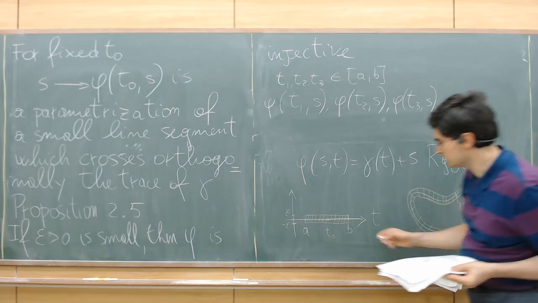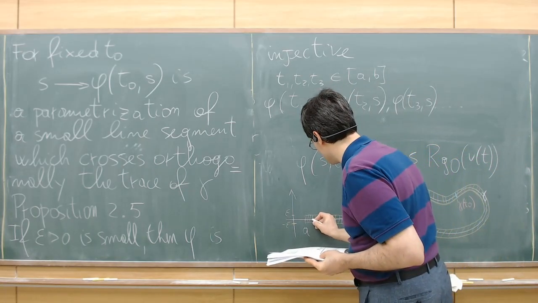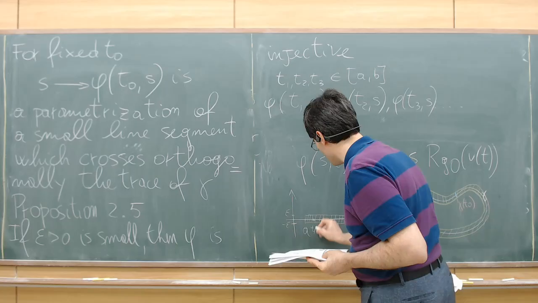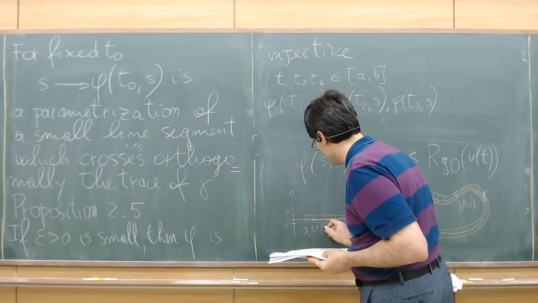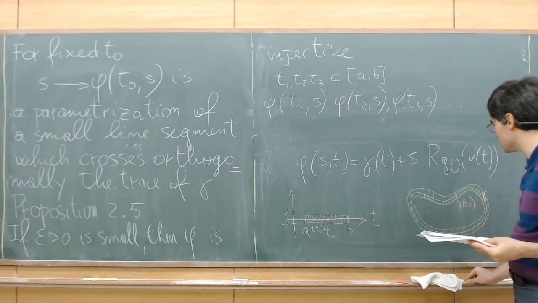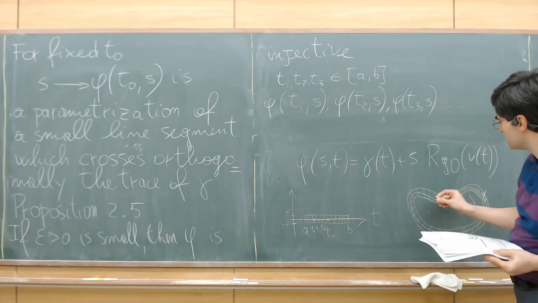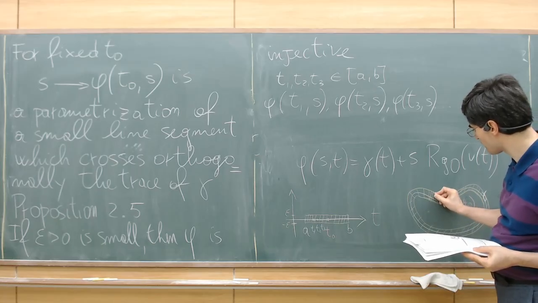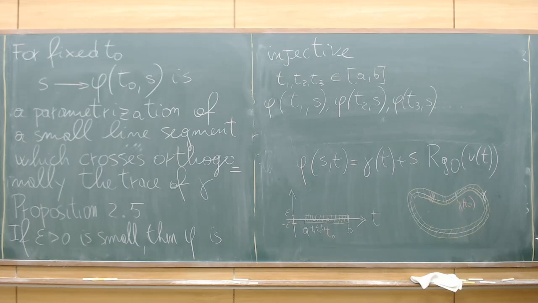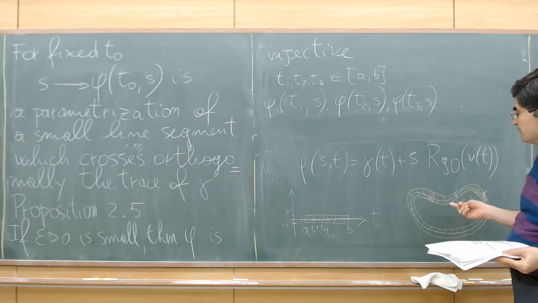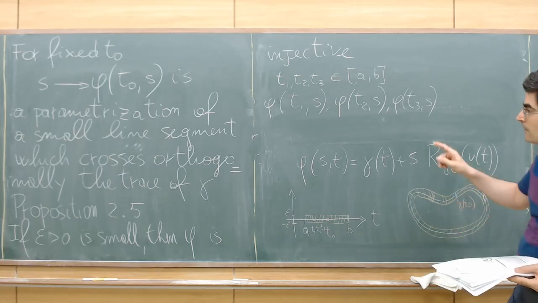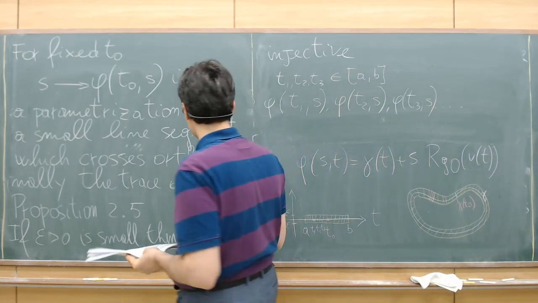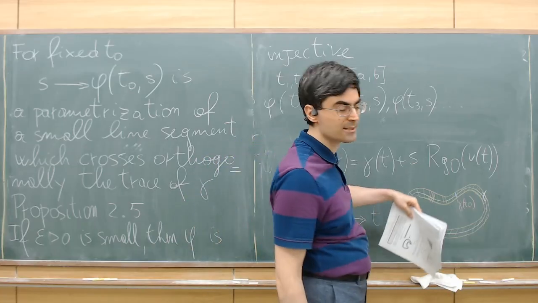For example, if these are T1, T2, T3, and these are the corresponding segments orthogonal to the trace of gamma, then this proposition says that these segments do not intersect each other.